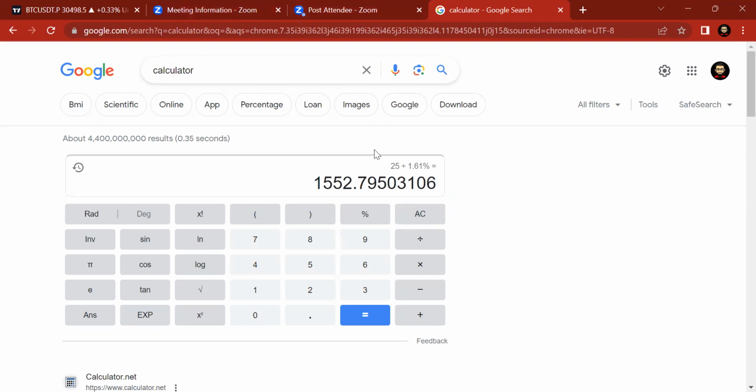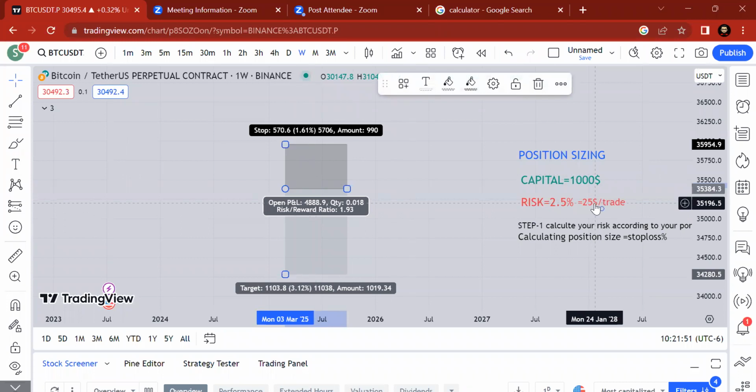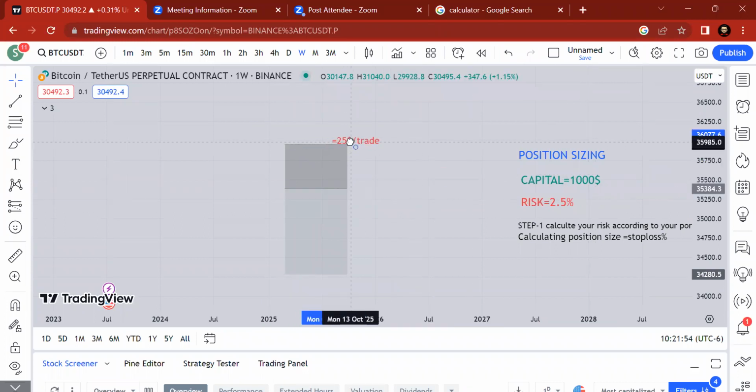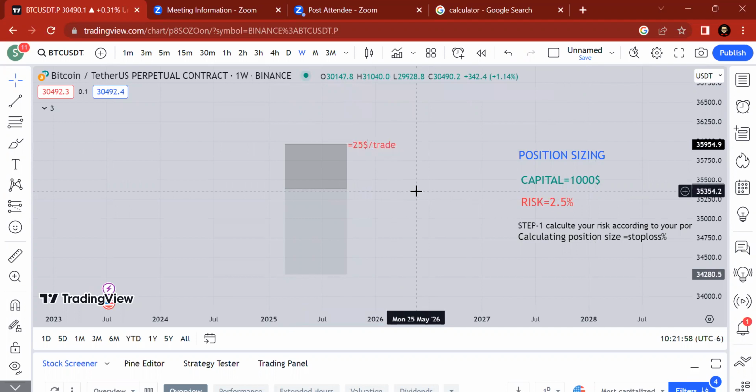Once you put this number, you execute your trade and place your order. Whenever your stop hits, you will lose this $25, not more than this. Now another thing comes here, which is called leverage.